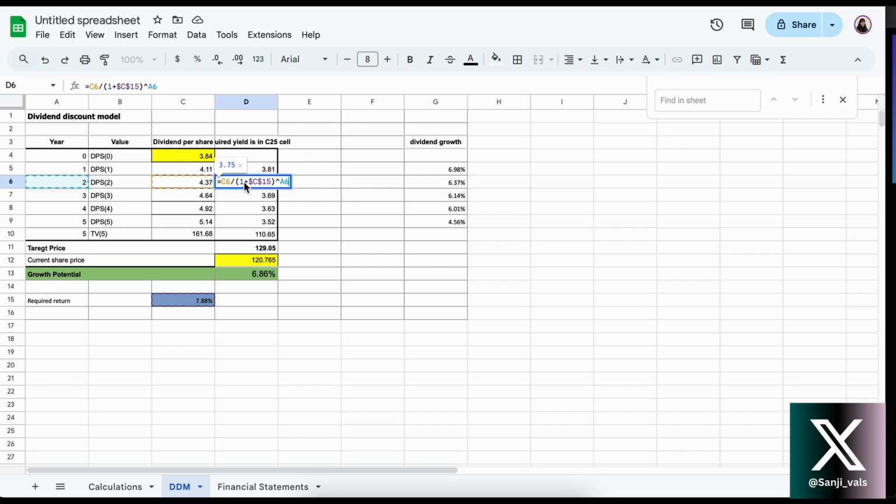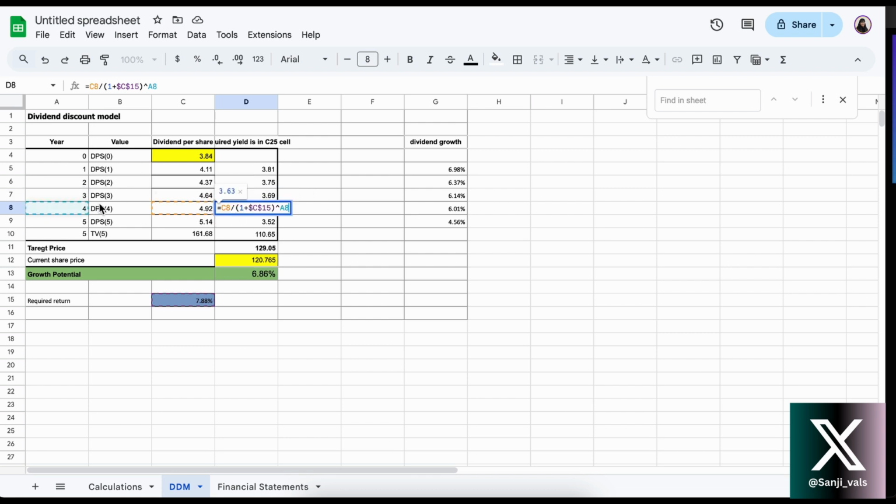Then to discount the second year, you take the forecasted dividend for the second year, which is 4.37, divided by 1 plus the required return 7.88% to the power of 2 because we're discounting the second year. For the third year, the same: the dividend forecasted for the third year divided by 1 plus the required return to the power of 3.